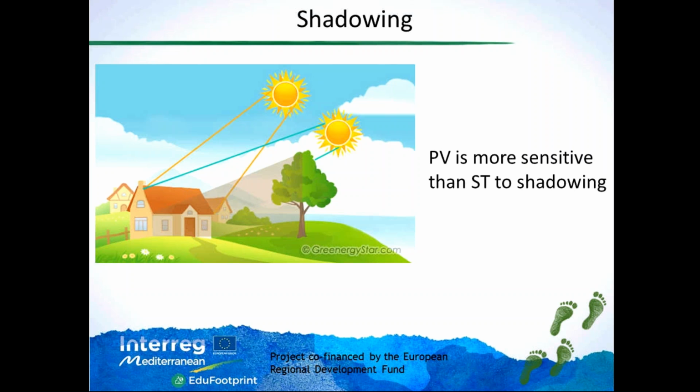The energy loss due to shadowing in solar thermal is more or less proportional to the amount of shadowing, while for photovoltaic plants there are some technical problems which can even put one of the photovoltaic modules out of the energy production if there is a good amount of shadow. So this means that for photovoltaic plants, the assessment of the shadowing problem should be more careful than for solar thermal.